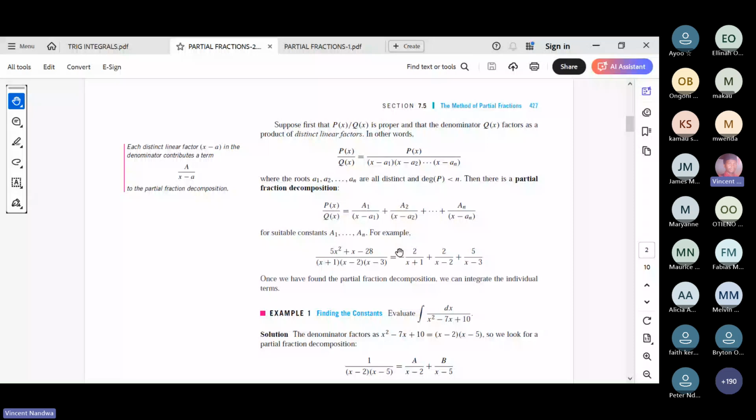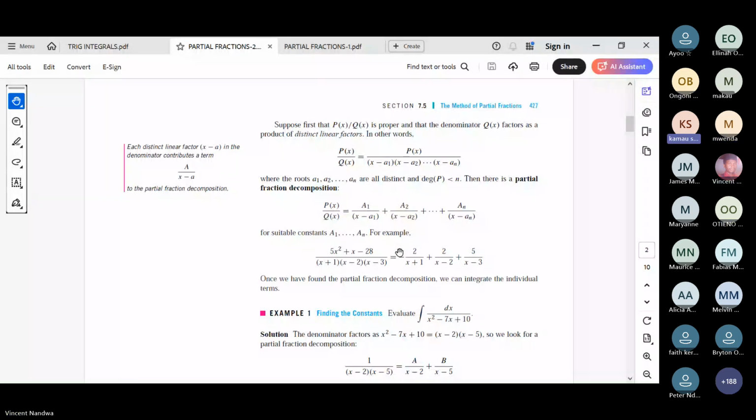Remember, to get the degree of the denominator, when you multiply all those terms, what will be the highest power of x? That's what determines the degree. After multiplying through all those brackets, the highest power of x will be 3. So the degree of the denominator is 3, correct.